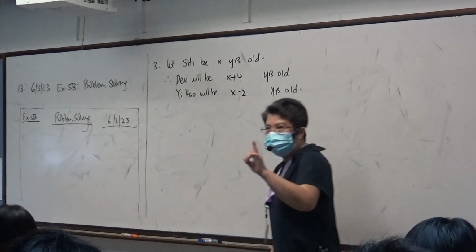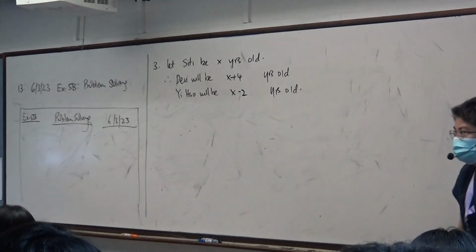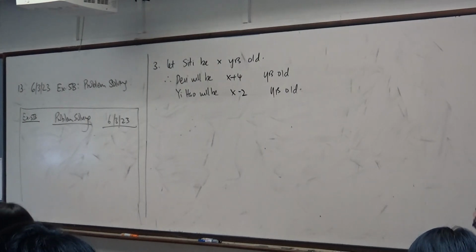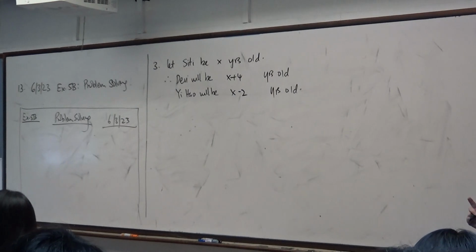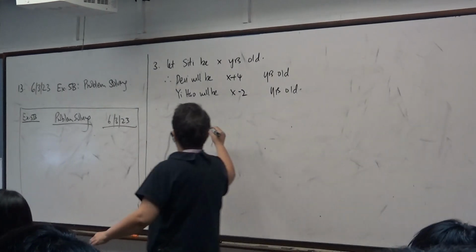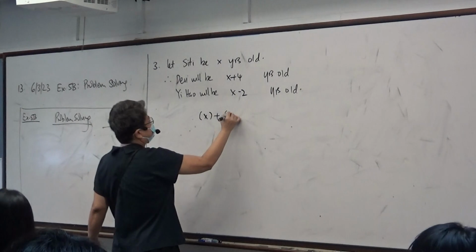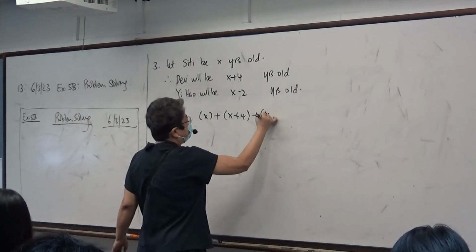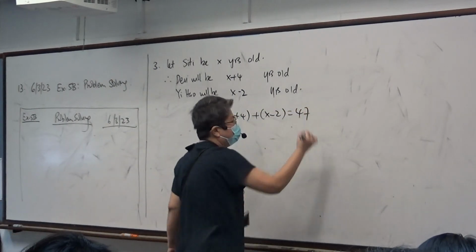Now, can you see I must establish this first? Then they say the sum of the ages is how much? 47. That means I will have x plus 4 plus x minus 2 giving me 47, right?